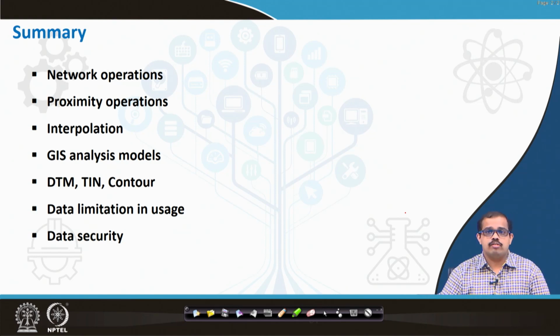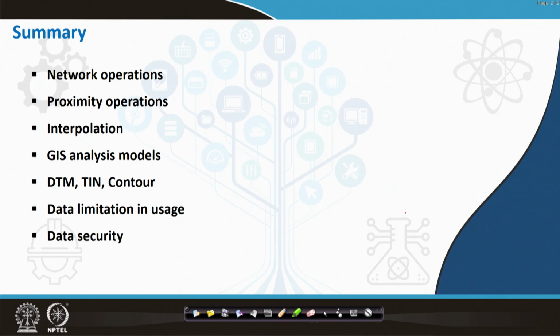Then probably you can look at fuzzy analysis and other systems that are available. That is what advanced GIS is. Then we looked at data limitations in usage, how it can be used, and finally we ended with data security. Data security is extremely important in the context of data production and data usage. That is the first and foremost thing that any data user or any GIS user should look at when producing or distributing data.